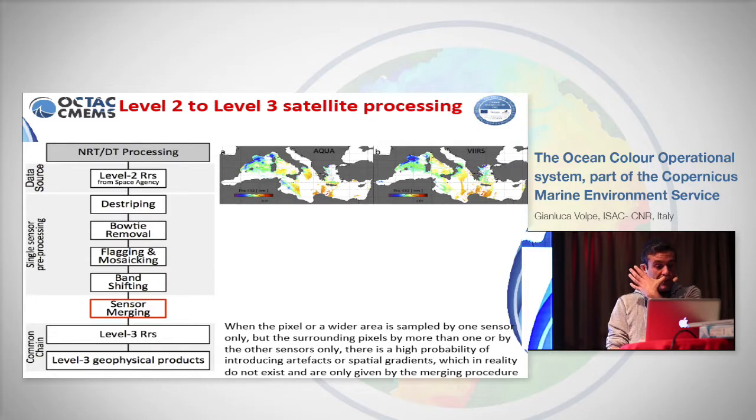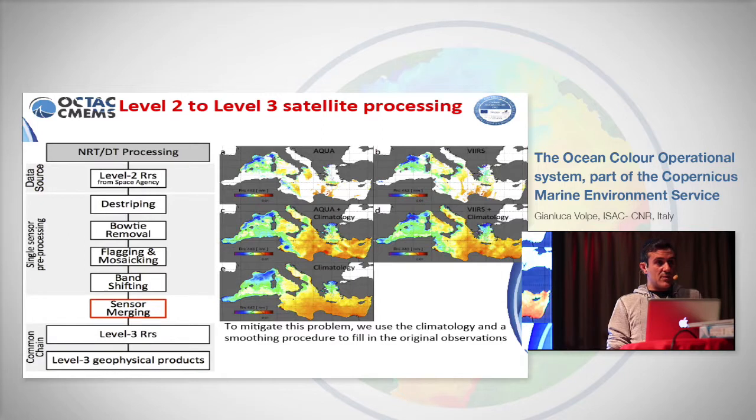When the pixel or the area is sampled by one sensor only, or the surrounding pixels by more than one or by the other sensor only, there is a high probability of introducing artifacts which have really nothing to do with the scene you are looking at, but rather with the method you are applying.